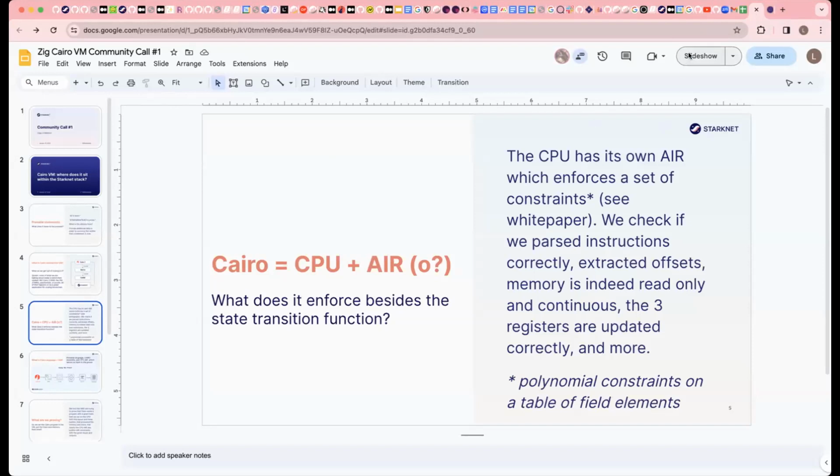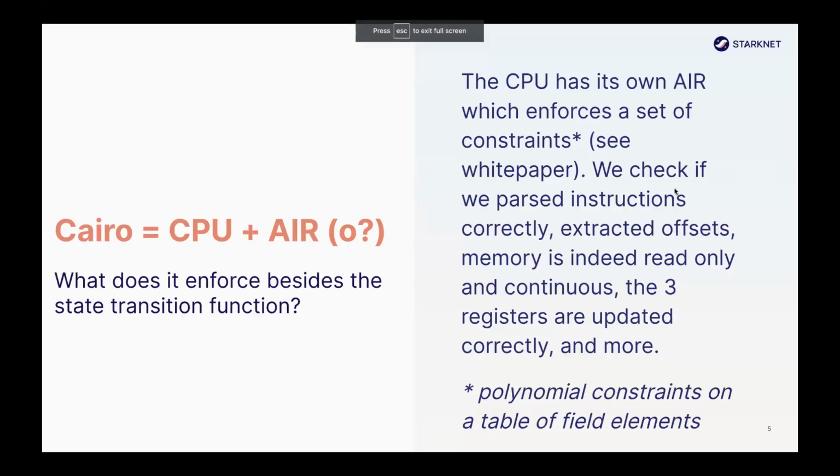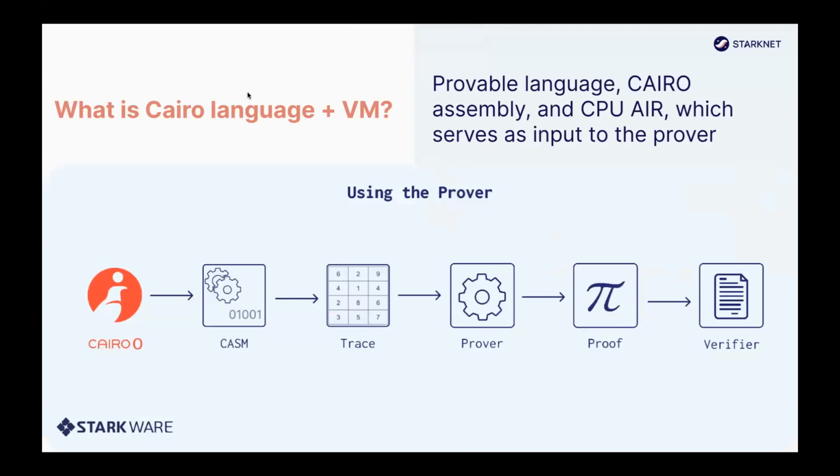So let's get into the slideshow again. Cairo is actually the language itself, right? So from the Rust-like language you get to the CASM.